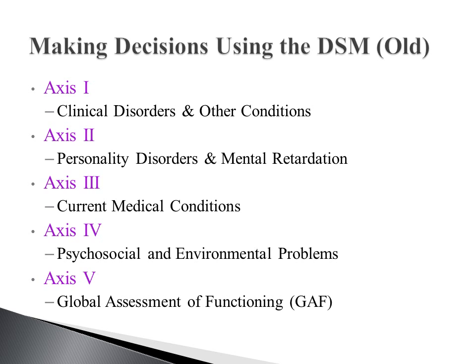The exception being personality disorders or mental retardation, which were coded on axis 2. The reason for the separation between these 2 axes was the transient state of disorders. The more pervasive, long-standing disorders were coded on axis 2, whereas more temporary states were coded on axis 1.